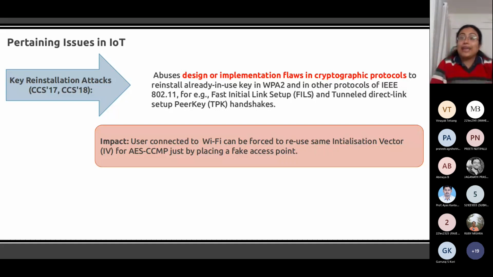So what is the case here? WPA2 uses AES CCMP, which is a kind of authenticated encryption, not only encryption. In AES CCMP we have three inputs: the plain text, the key, and the initialization vector, and we get a ciphertext. The security assumption is that even if we reuse a plain text, the initialization vector cannot be reused.